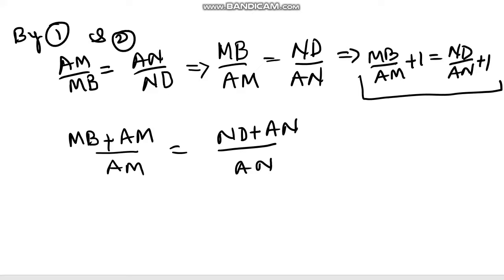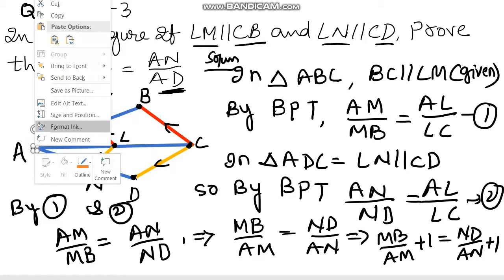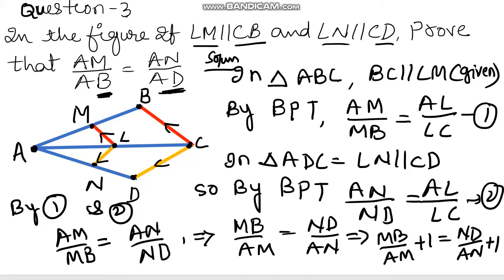Now children, let us see what is MB plus AM and ND plus AN. See, this is your MB and this is your AM. MB plus AM is equal to AB, and ND plus AN is equal to your AD.